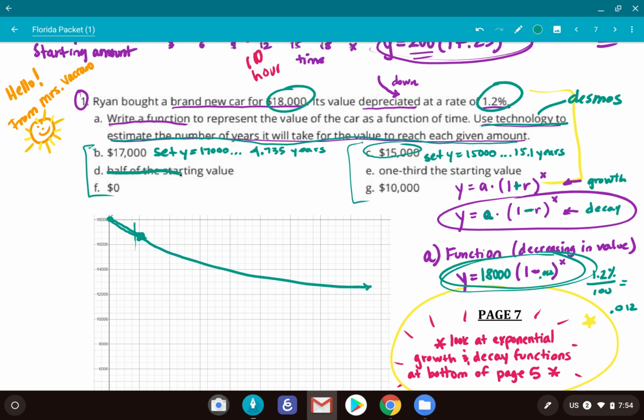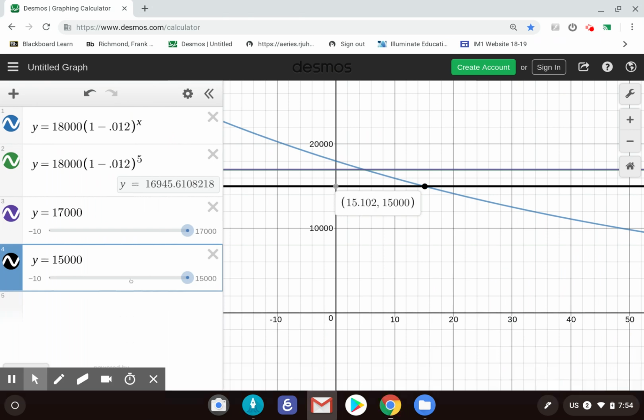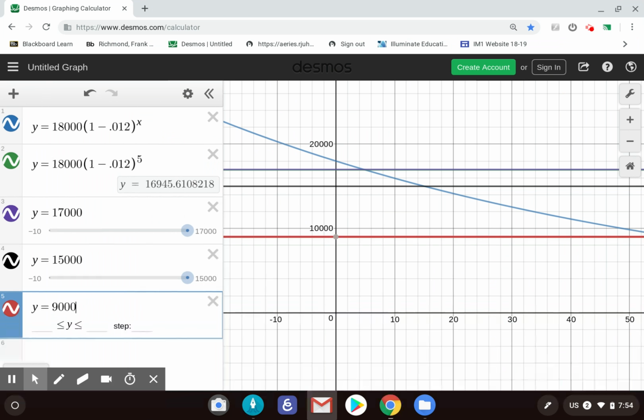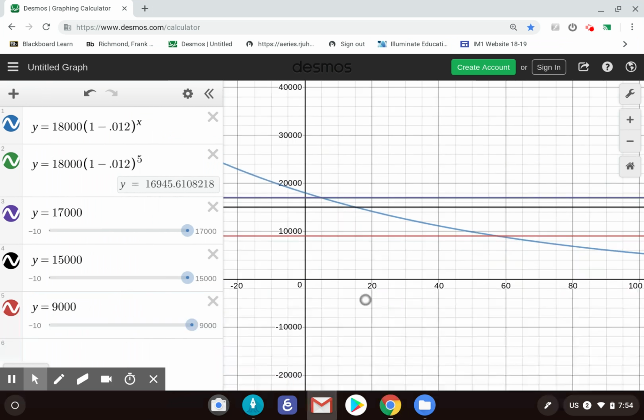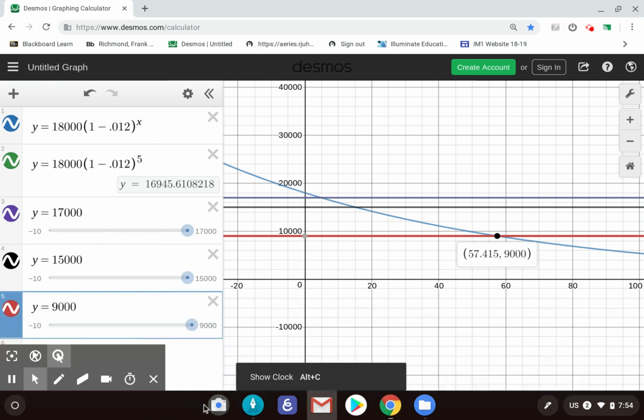Half of the starting value, that is going to be whatever half of $18,000 is, which is 9,000. So I'm just going to set my Y value equal to 9,000. And I can see it's going to be worth half of the starting value in 57.4 years.